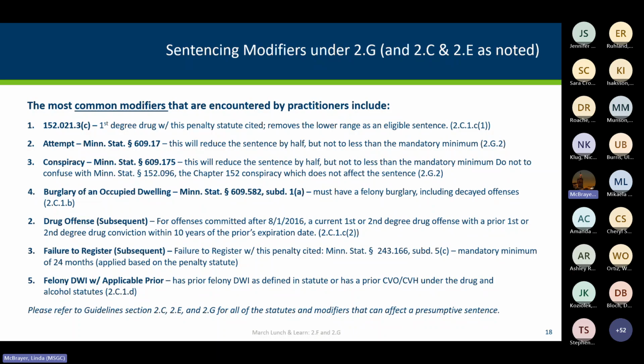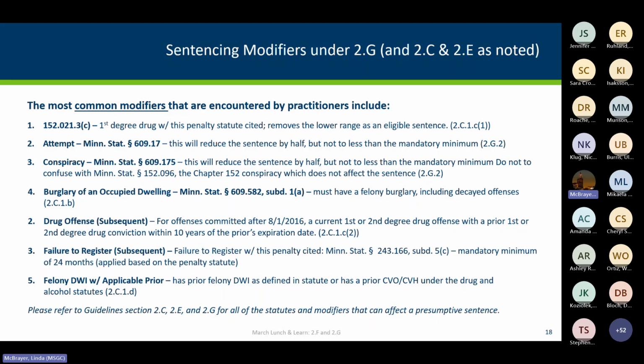We see very few pre-2016 offenses, but for post-2016, it's a current first or second degree drug with a prior first or second degree drug conviction that occurred within 10 years of the expiration date of the prior to the date the current offense occurred.